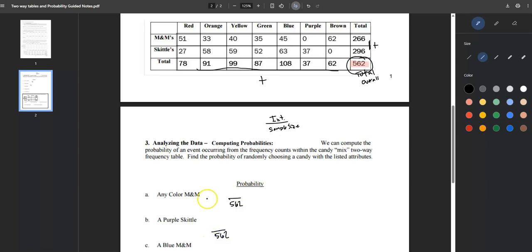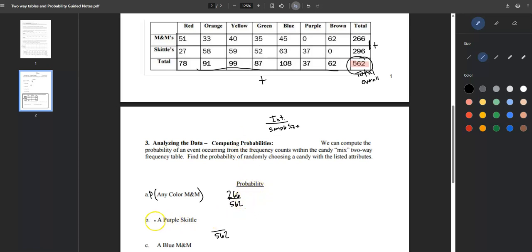For this one, it's asking what is the probability of getting any color of M&Ms. So I just look at the total M&Ms, which is 266. So it'd be 266 out of 562. Having this two-way table makes it very organized and very simple to calculate probabilities.